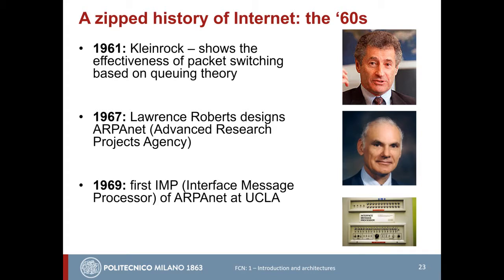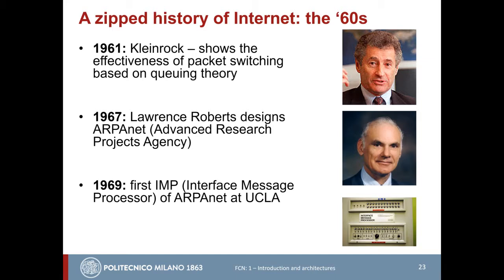And then what is known to be really the ancestor of the internet is a specific project that was launched by the Defense Agency of the United States, called ARPANET.